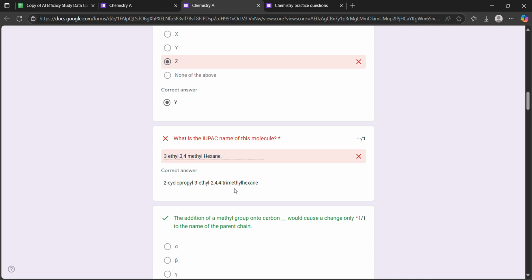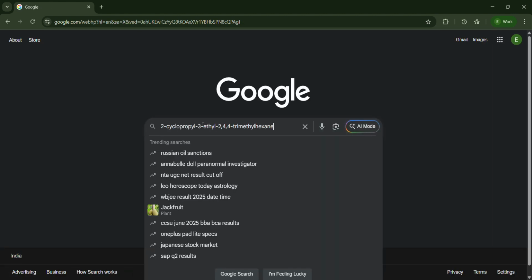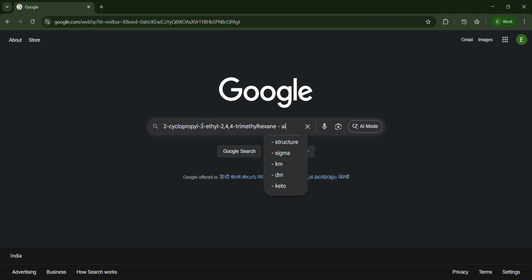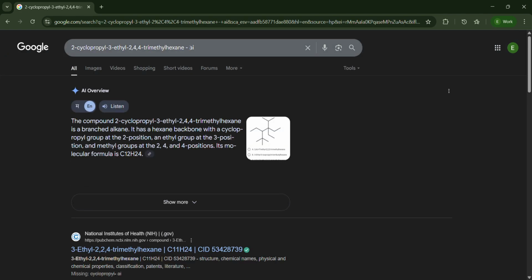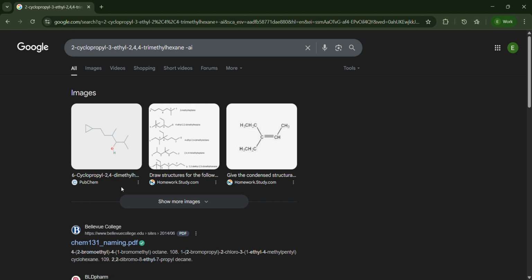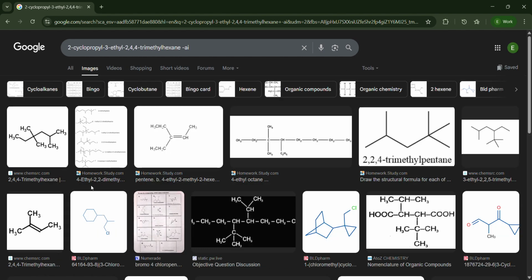What is the IUPAC name of this molecule? The IUPAC name of this molecule is 2-cyclopropyl 3-ethyl 2,4,4 trimethylhexane. This is quite a complicated name, so let's search it.